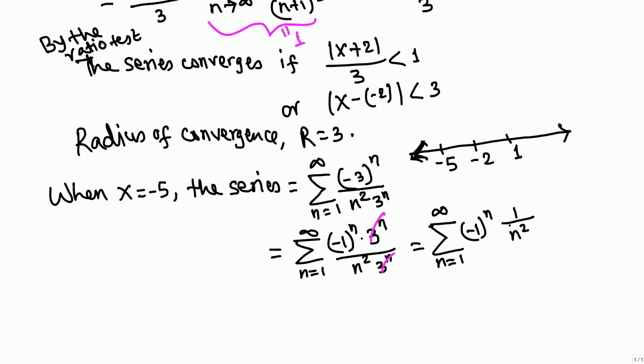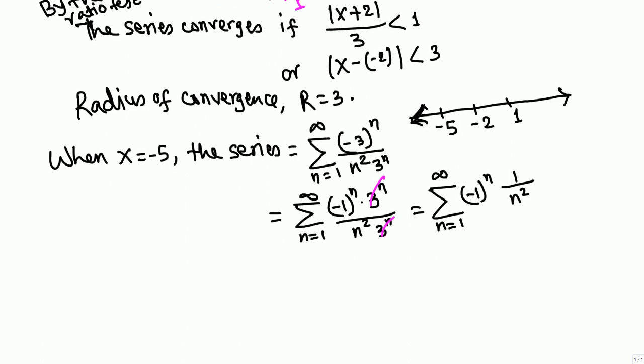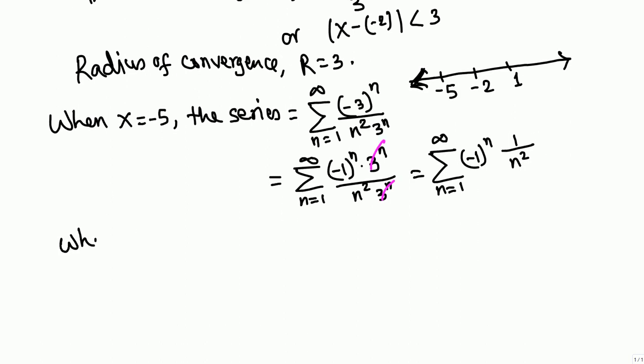So 1 over n squared is decreasing to 0. Then by the alternating series test, this one converges. That means negative 5 is included in the interval of convergence.